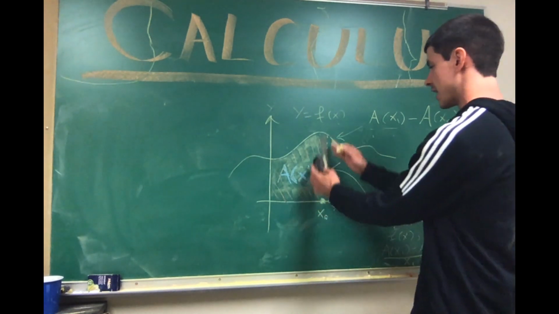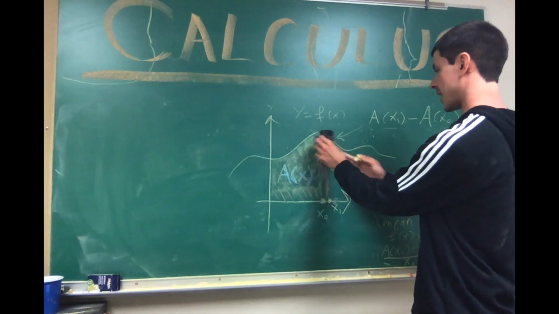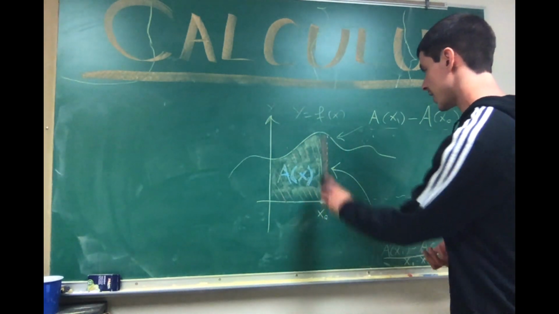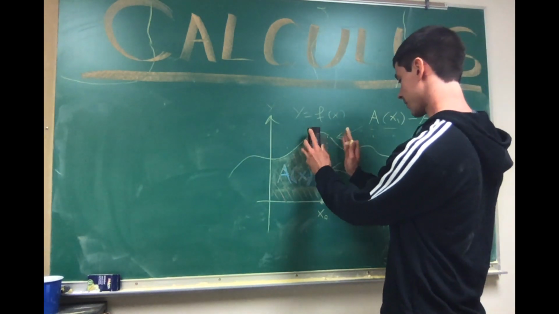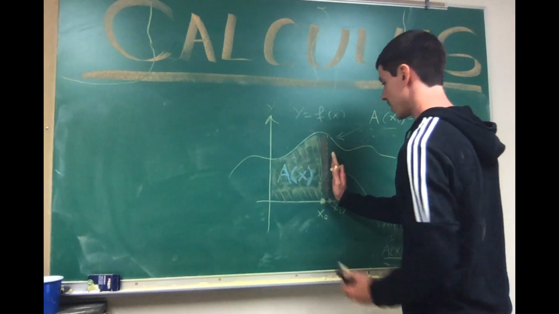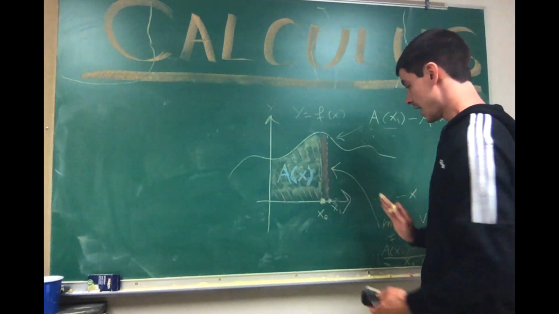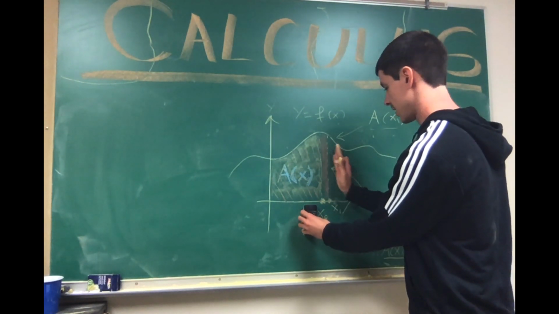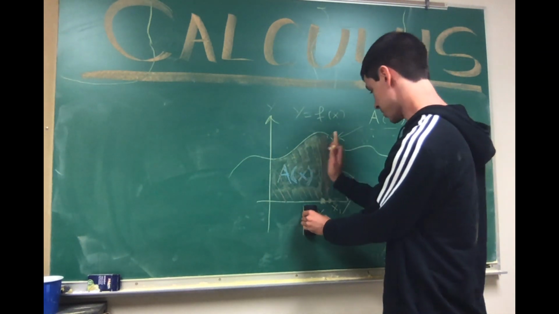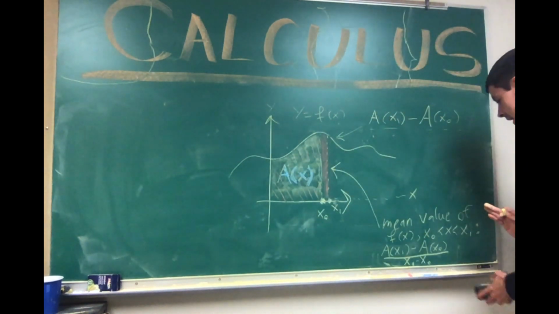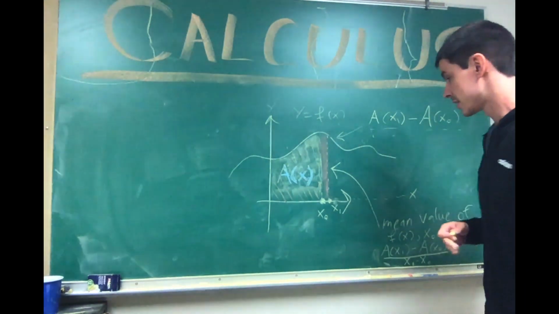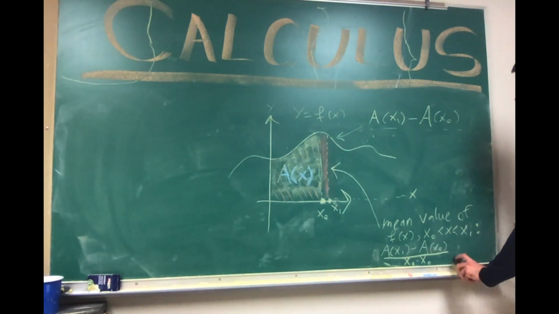Because f of x0, actually really both, but f of x0 we're interested in. So this is the mean value of f of x in this little region, and as x1 gets closer and closer to x0, this gets closer and closer to being a rectangle, and this mean value gets closer and closer to just being f of x0.